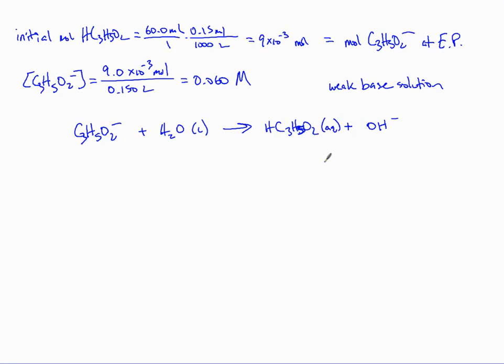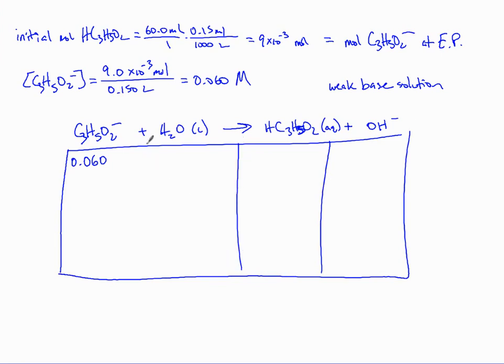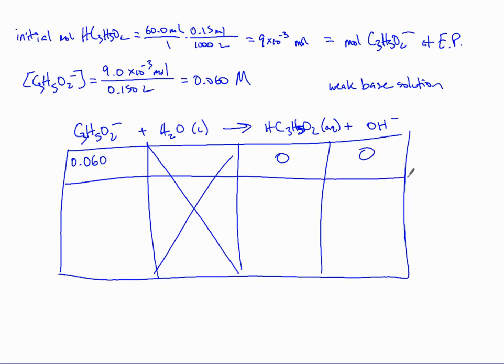That's where you get these. And so we want to fill in some of the concentrations that we know. After the stoichiometry step, we have 0.060, and that's molar. We can just leave it as concentration for now. Water, we want to just ignore it. At the start, propanoic acid and hydroxide are both 0 because at the end of the stoichiometry step, they've both completely reacted out.